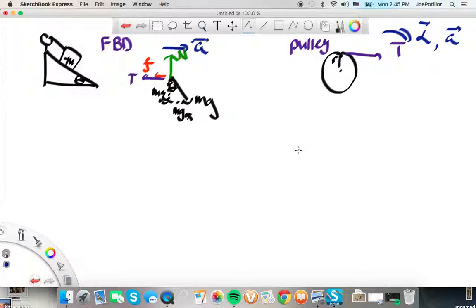In the second situation, we have the pulley, where the cause of rotation is the tension force on the string. That produces an angular acceleration on the pulley. And because the mass and pulley are moving as one system, they will have exactly the same acceleration.